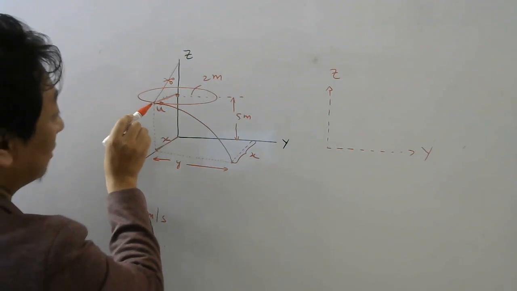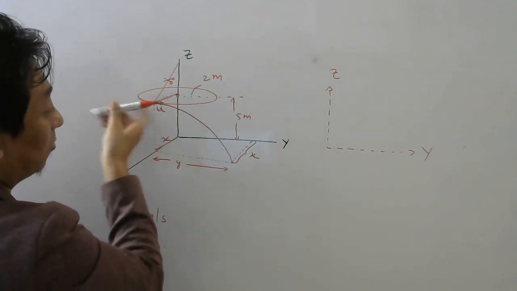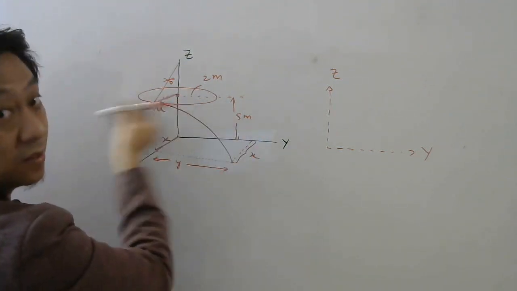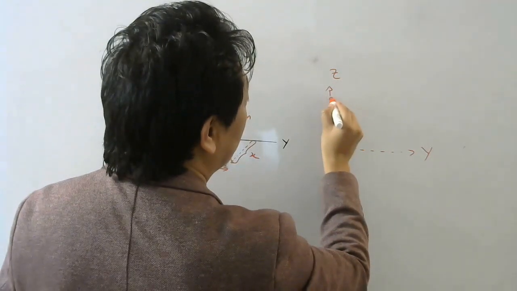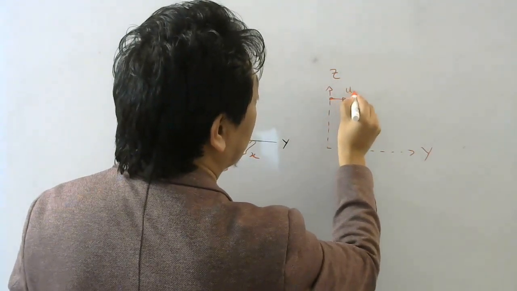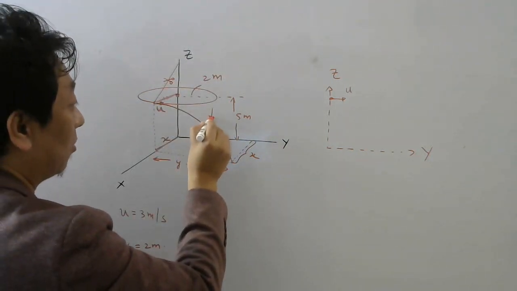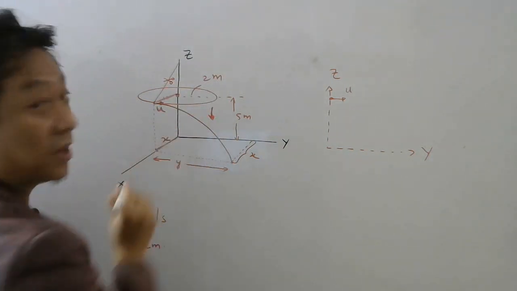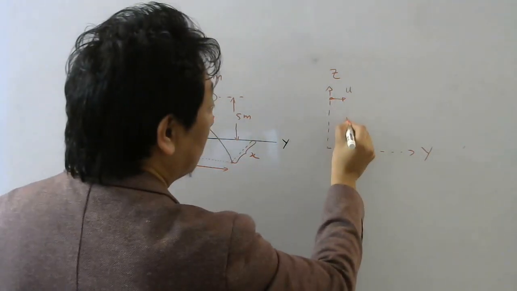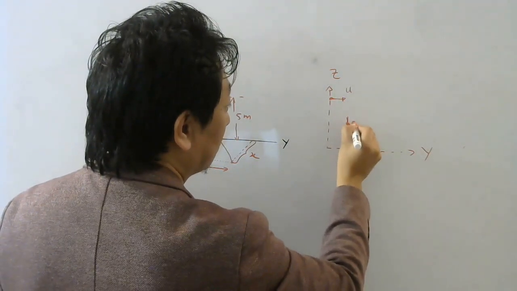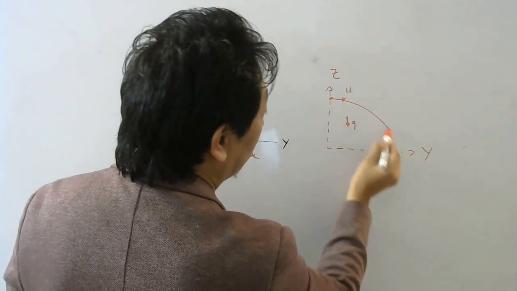Now the particle's initial velocity is along y axis, you can see, right? So initial velocity is along y axis, and because there is gravity, gravity is always along the vertical downward direction. So because of this gravity, acceleration of gravity, the particle will follow this path.